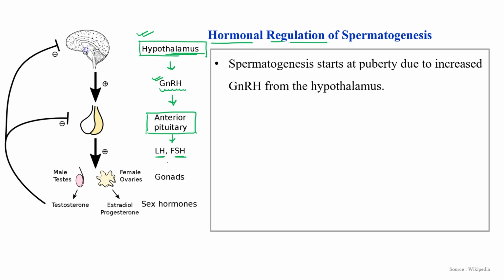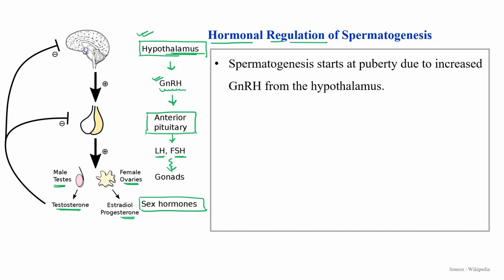They provide their signal to the gonads, meaning ovaries and testes. Then the testes will generate testosterone, and the ovaries progesterone and estrogen, the sex hormones. This is how the whole mechanism works. This is how these hormones regulate spermatogenesis and the development of secondary sexual characters in males and females.